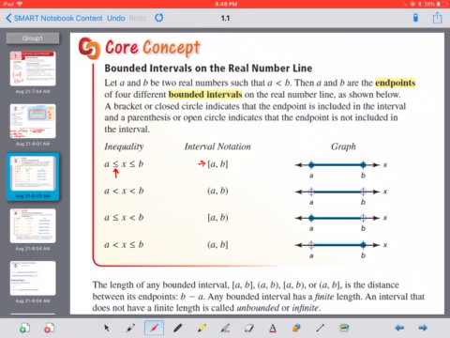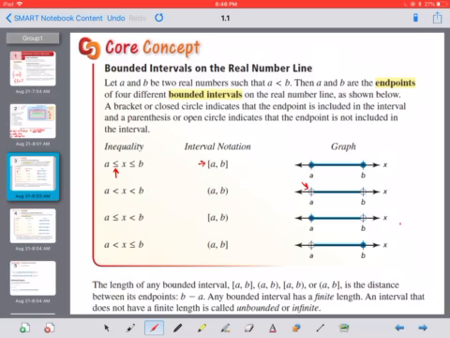If it can be the thing and touch it, it gets the bracket. If it can't be the thing, then it gets the open parenthesis. And the other way I can remember that is whenever you do the open circle, half of an open circle is basically a parenthesis. So can't touch it, gets half the circle. So that's what we're doing here on the notation.